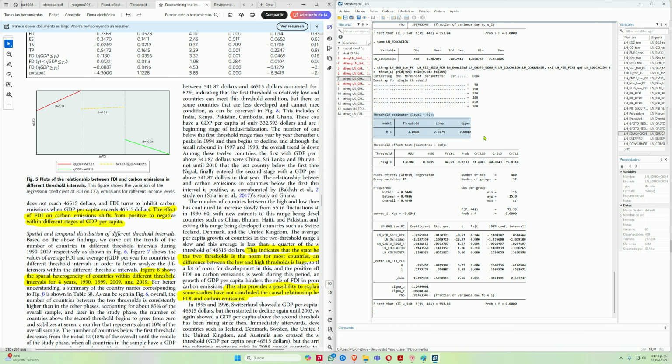This is the threshold. Before this number, the beta is this. After this number, the trend changes and the new coefficient is this. In this case, this is the t value or p value of whether it's real.